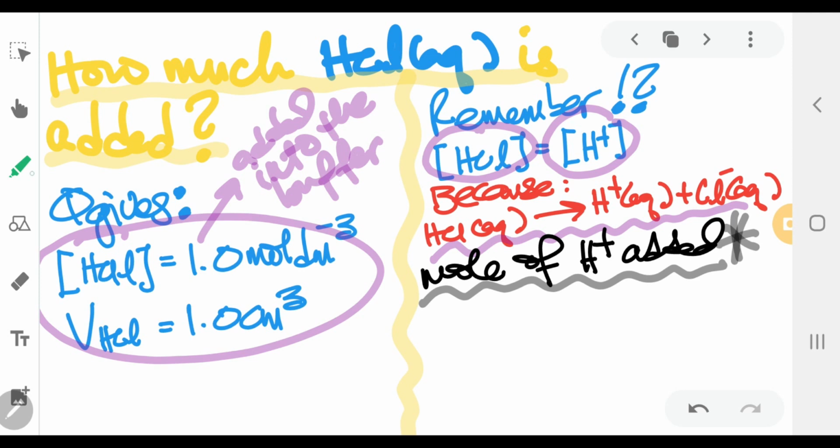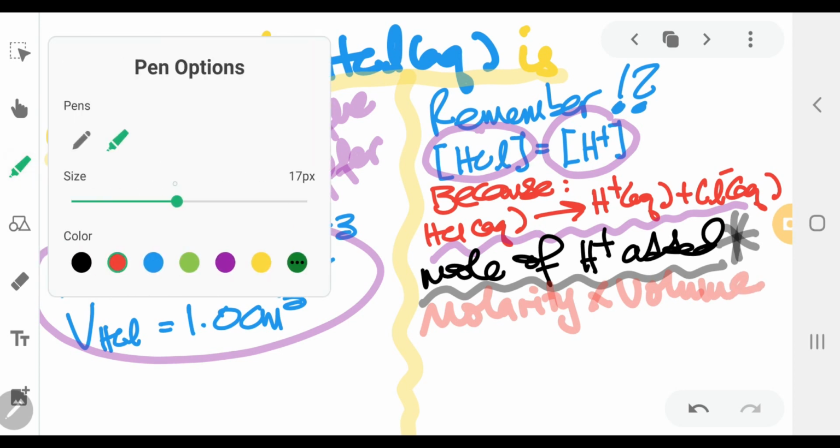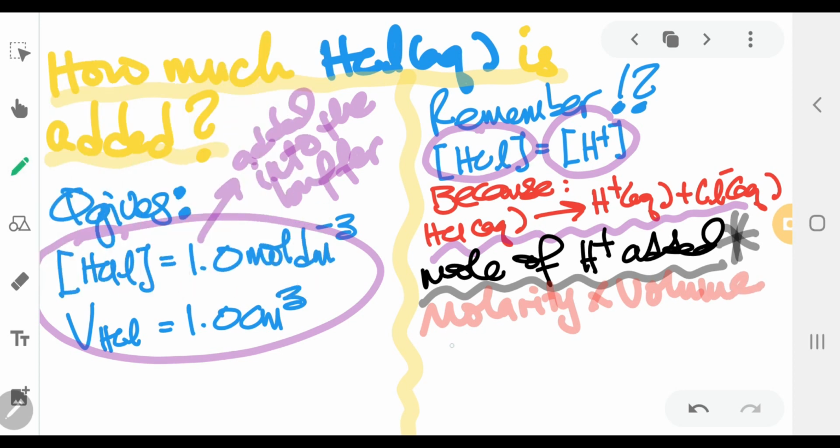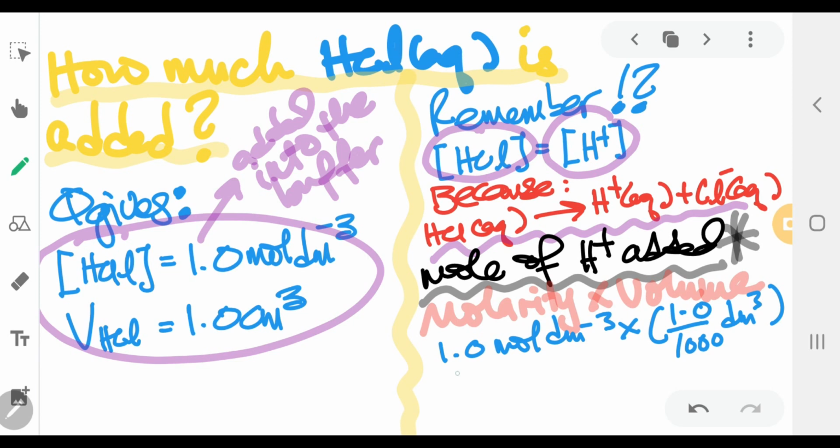To find mole, it's quite easy. We have the molarity. We're going to have the molarity times with volume. And the molarity is 1.0 mole decimeter cubic, and we're going to times with 1.0 over 1000 because we have to change that to decimeter cubic.